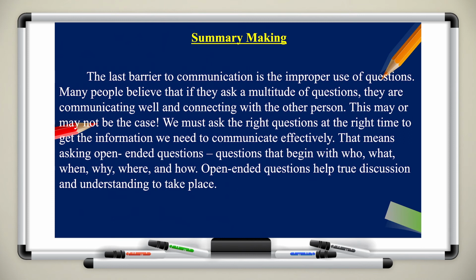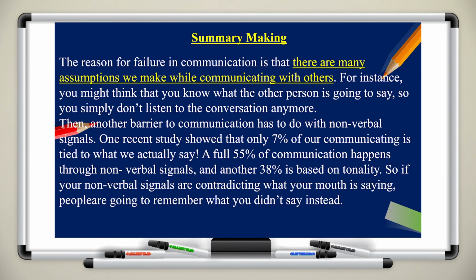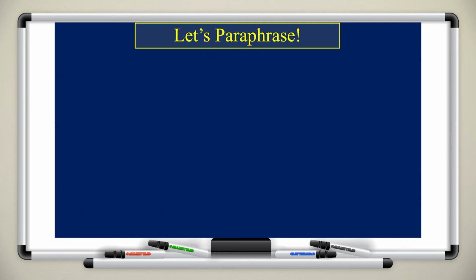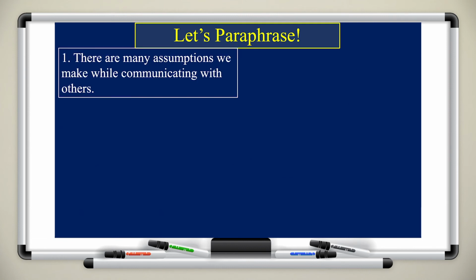Now, as we mentioned before, when you summarize, underline the main ideas. And now, this is the first idea. There are many assumptions we make while communicating with others, and this is the second and third, and this is the fourth. Now let's paraphrase. The first idea, number 1, there are many assumptions we make while communicating with others.